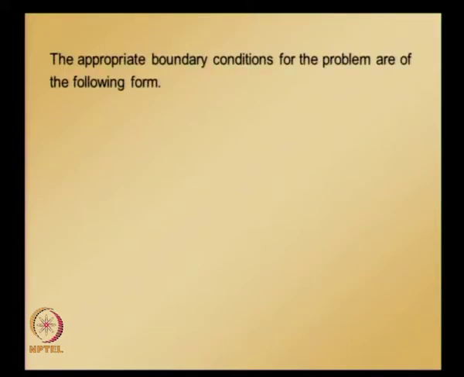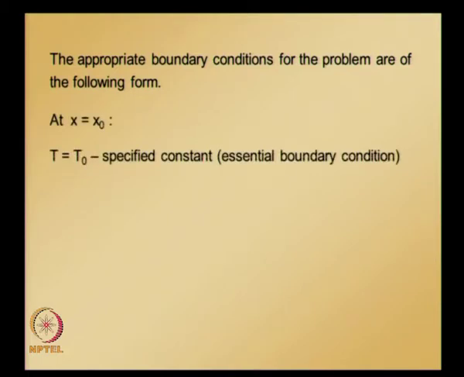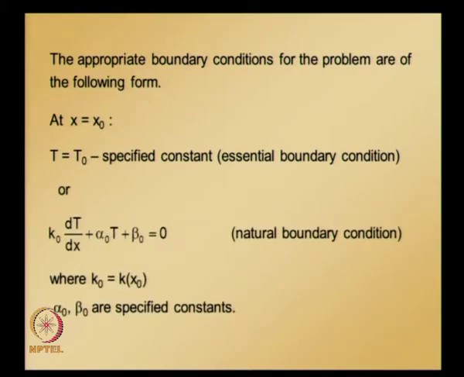The boundary conditions are as follows: appropriate boundary conditions for the problem are of the following form. At x is equal to x naught, either you can have essential boundary condition specified, that is field variable t is equal to t naught, a specified constant, or a boundary condition which involves first derivative of the field variable, that is k naught times derivative of t with respect to x plus alpha naught times t plus beta naught is equal to 0.